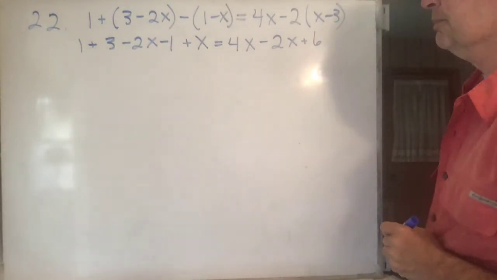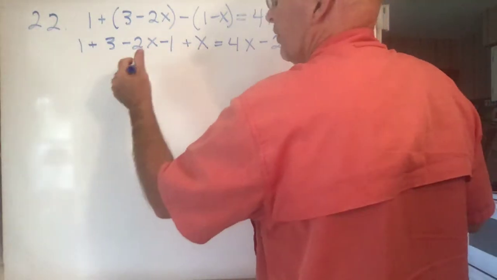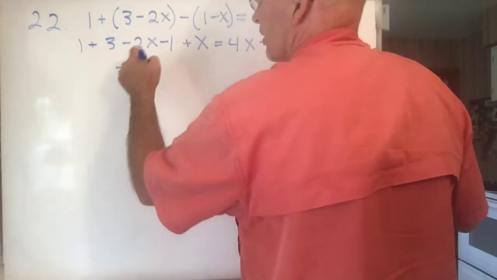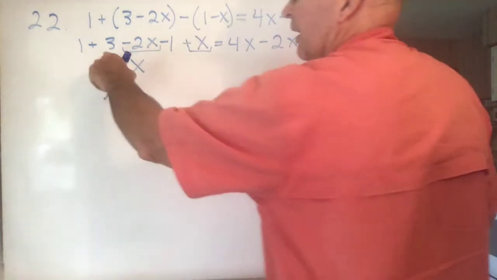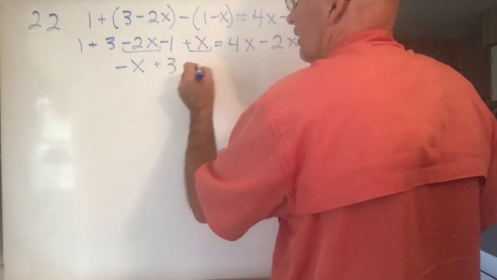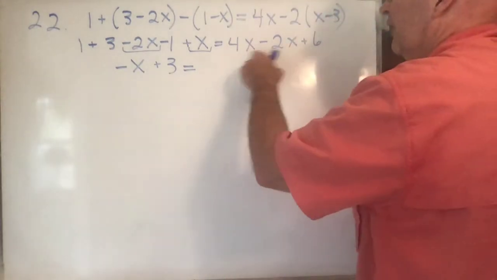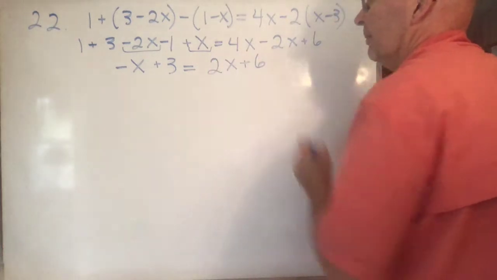So you got that. Now I can combine all the x's on this side. I'm going to get a negative x, because there I have negative 2 of them and a positive 1. And here I have 4 minus 1 is plus 3. So I have 3 on this side. And on this side, I'm going to get 4x minus 2x is 2x plus 6.